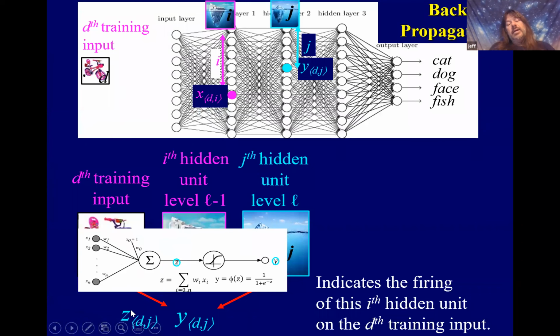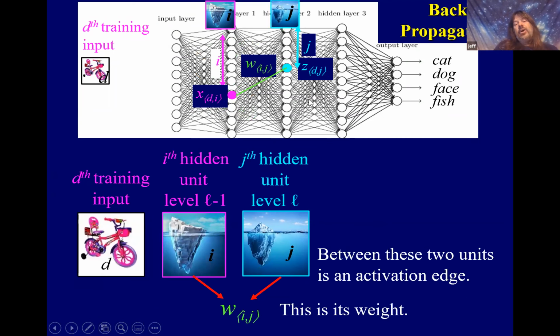Let's back up a bit. The Y value is whether the neuron's firing, but we want something slightly earlier: the pre-activation value, the Z value. So Z here is, for the D training data, the ith node, the pre-activation number.